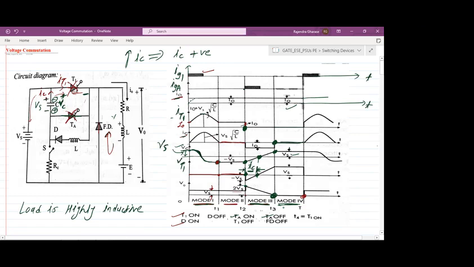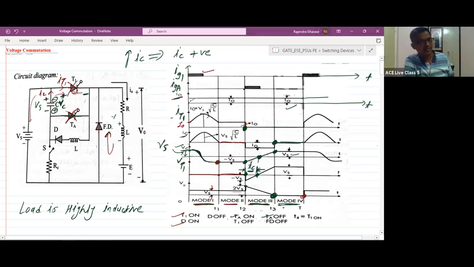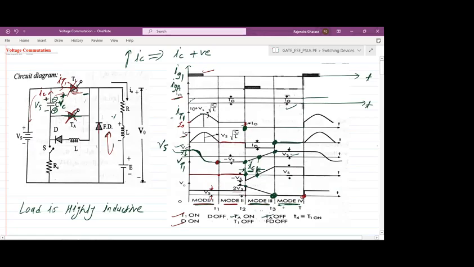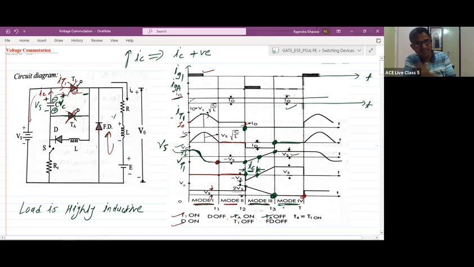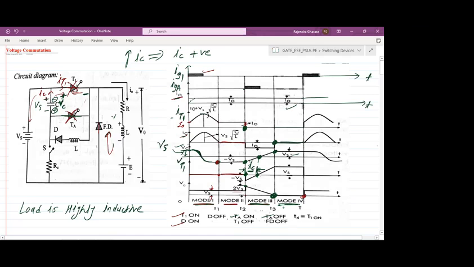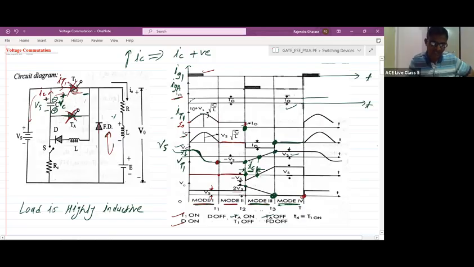One more doubt is that the switch is an RC switch. Do we need to switch it on for every cycle, continuously repeated? No, at the start only. Suppose initially the circuit is at rest.